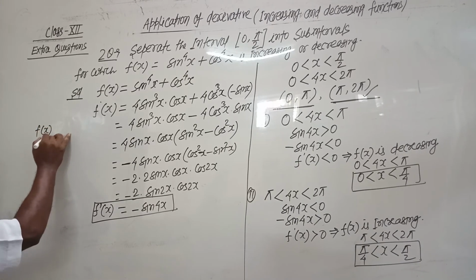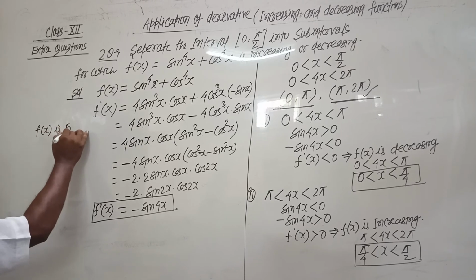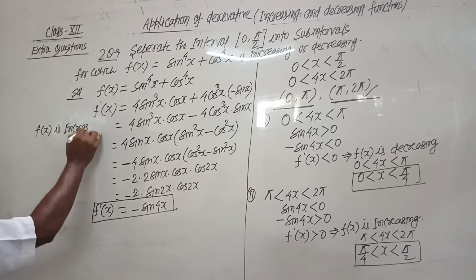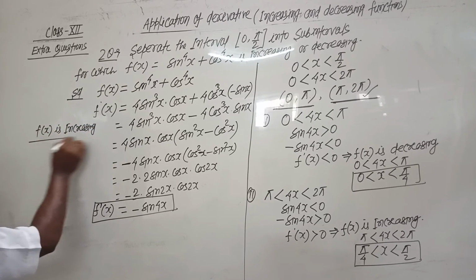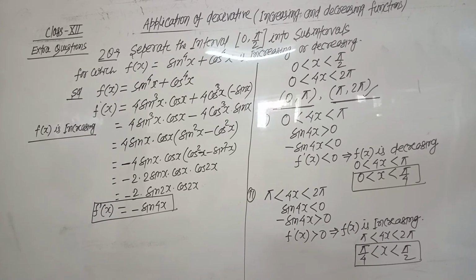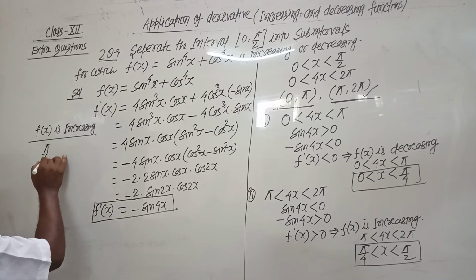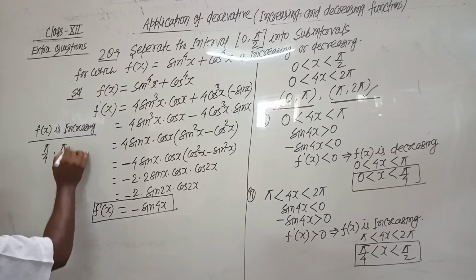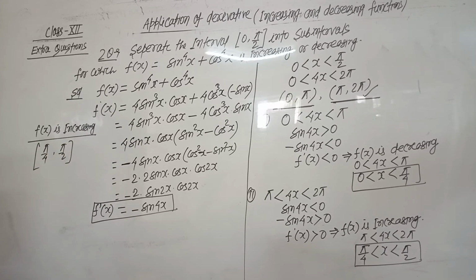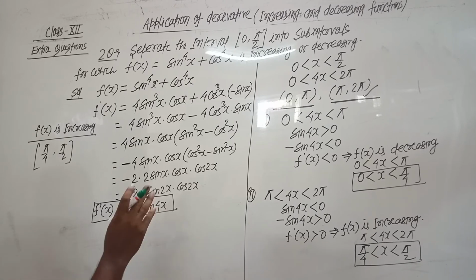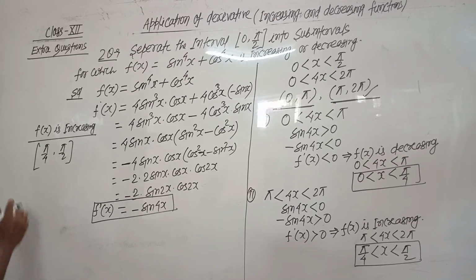F(x) is increasing in the interval pi by 4 to pi by 2, and f(x) is decreasing in the interval 0 to pi by 4.